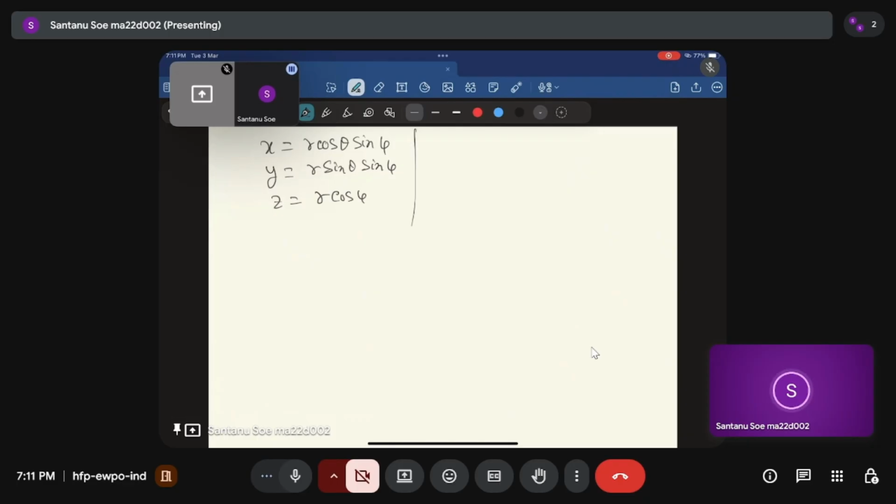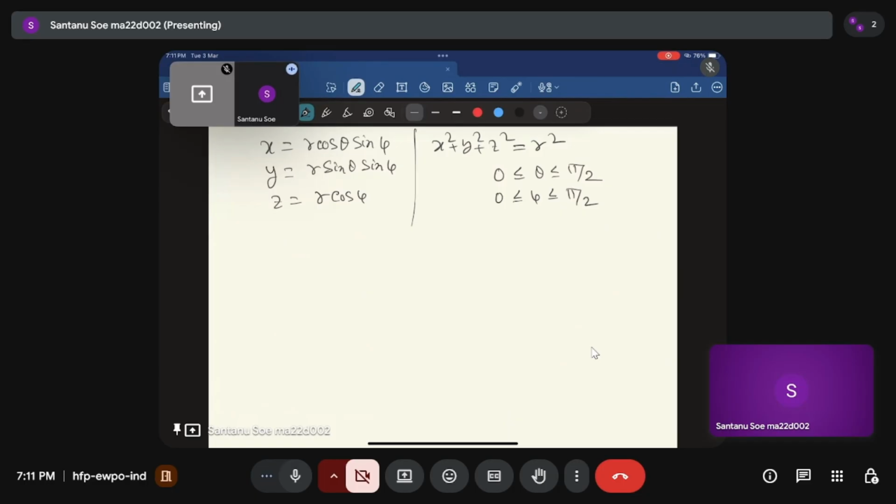So now we can see that x square plus y square plus z square is r square, and 0 is less than or equal to theta is less than or equal to pi by 2, and 0 is less than or equal to phi is less than or equal to pi by 2, because the region is in the first octant. So both theta and phi will vary from 0 to pi by 2 only.